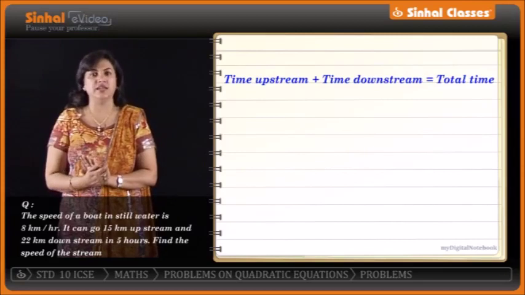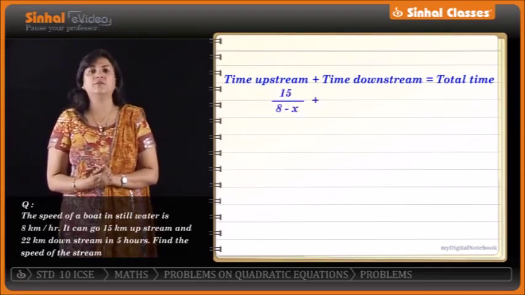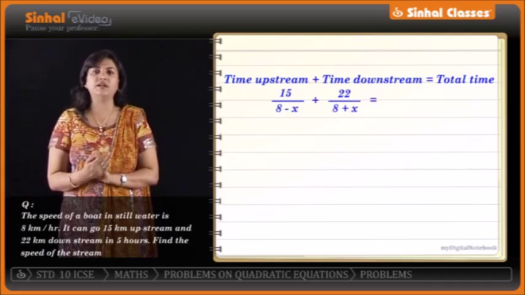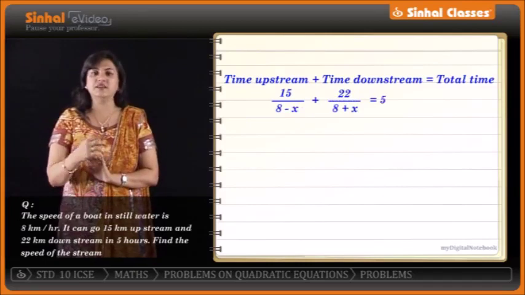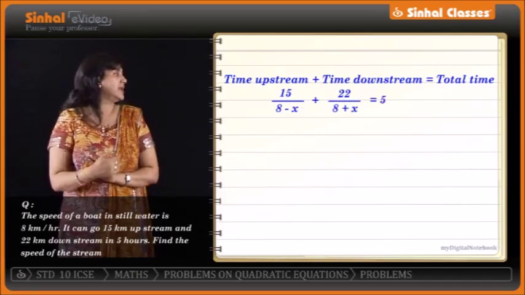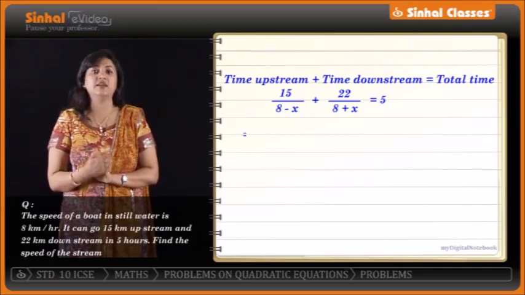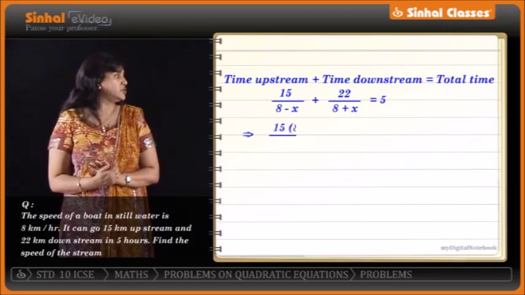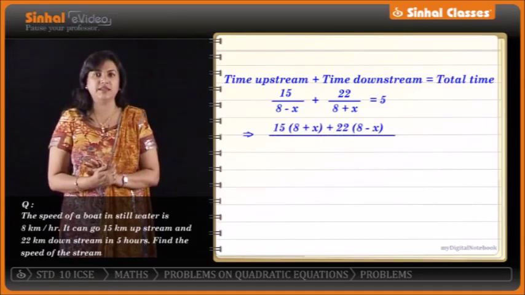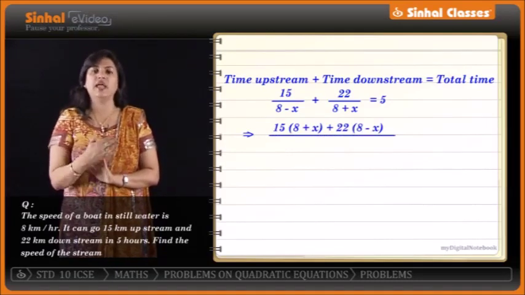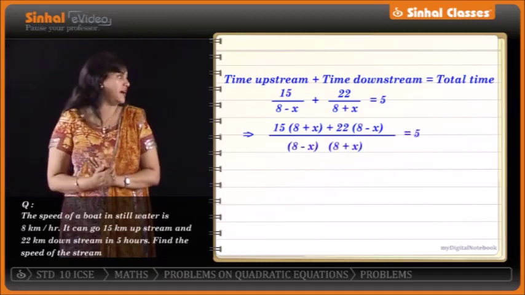So the equation is 15 upon 8 minus x plus 22 upon 8 plus x is equal to 5. Now we take the LCM as 8 plus x into 8 minus x. We get 15 into 8 plus x plus 22 into 8 minus x upon 8 minus x into 8 plus x is equal to 5.